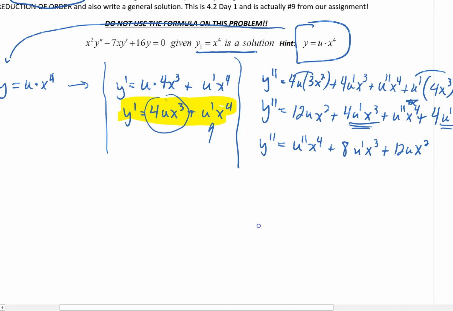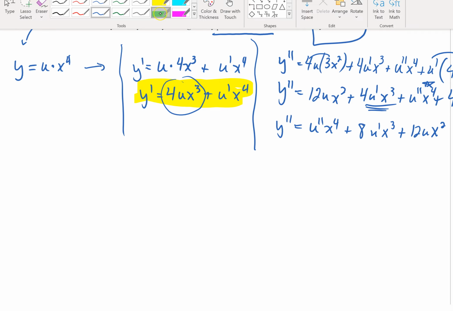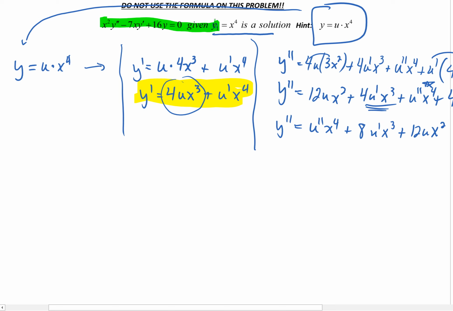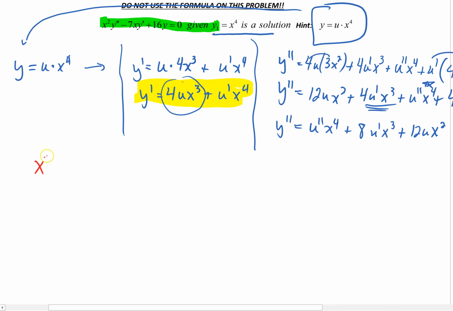And I guess what I just want to show you is we have our y, we've got our y prime, we've got our y double prime. And I'm going to come real quickly and say, you know what? Let's just recopy that differential equation right here and plug those in.